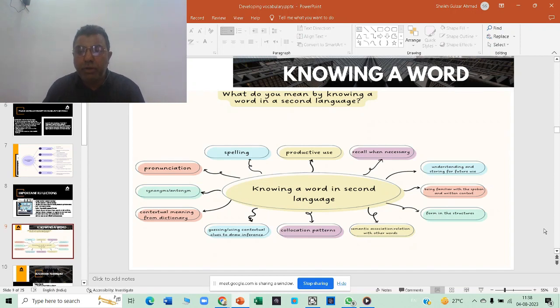If you are able to associate this, it's called a semantic association, relations with other words. If you are able to find the relation of a word with other words, that again means you know the word. And a very, very important concept in English is collocation. If you are able to collocate the word with other words, that means you know that word in a very clear way.